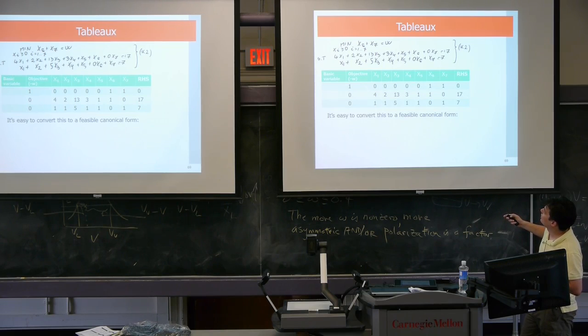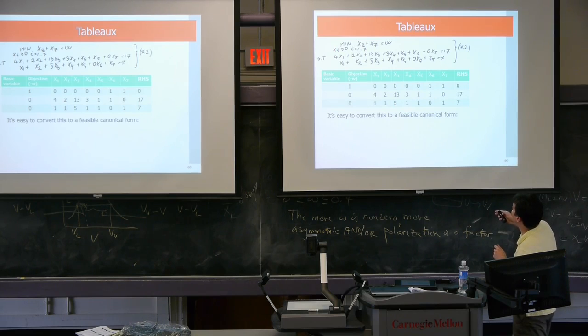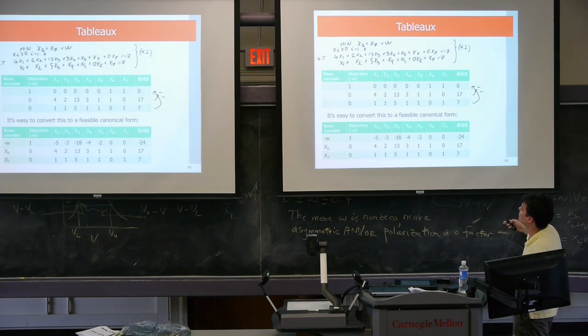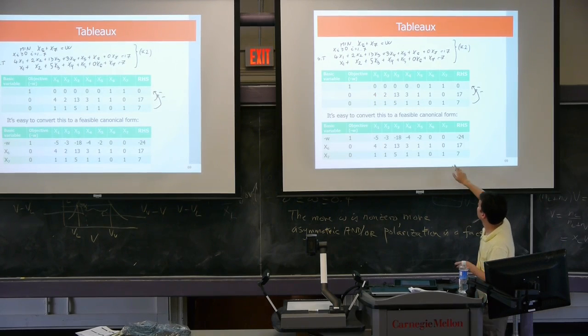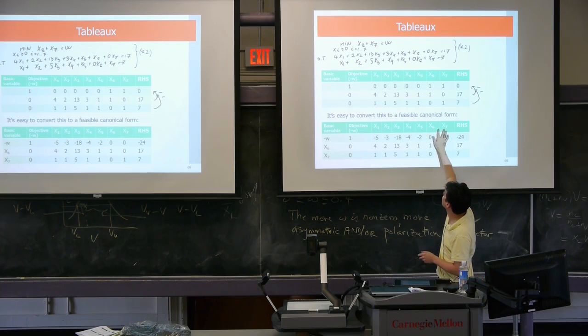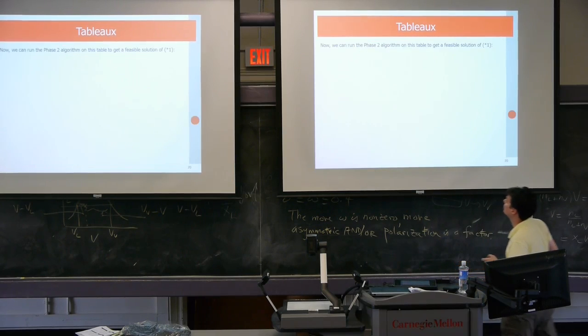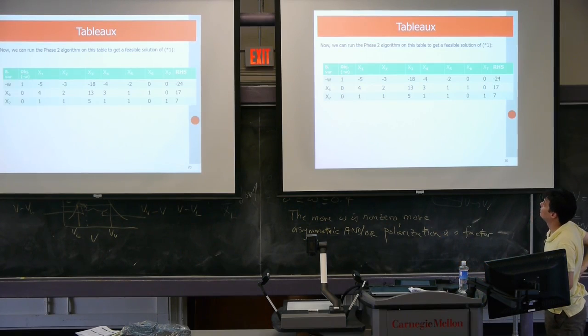I can just represent this problem in this table form. And now what you can notice is that it's easy to rewrite this to a canonical form, because you just need to subtract this equation and this equation from this equation, and then you will get a canonical form with respect to x6, x7, and the objective variable.